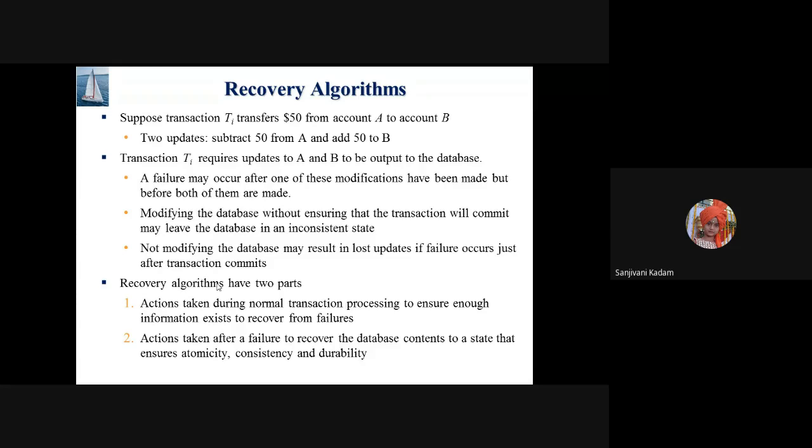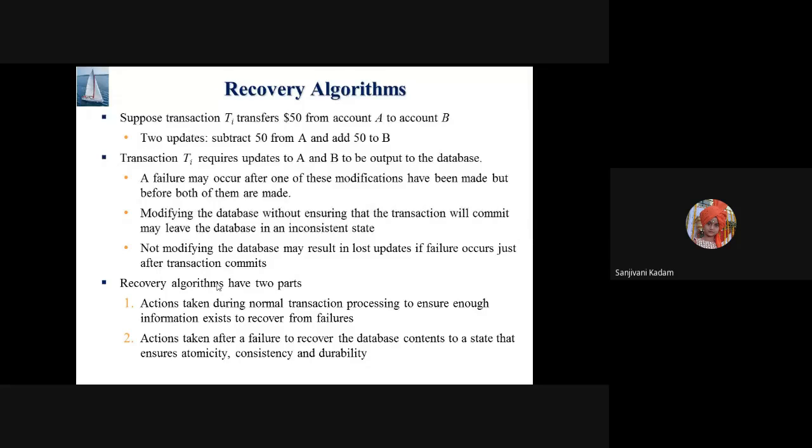Whenever we are executing a transaction, the recovery algorithm will keep track of which modifications and which operations are done. That information is preserved, and whenever the system resumes after a failure, it can access that information and conclude whether to perform changes to the database, whether to abort the transaction, or which steps to be performed.